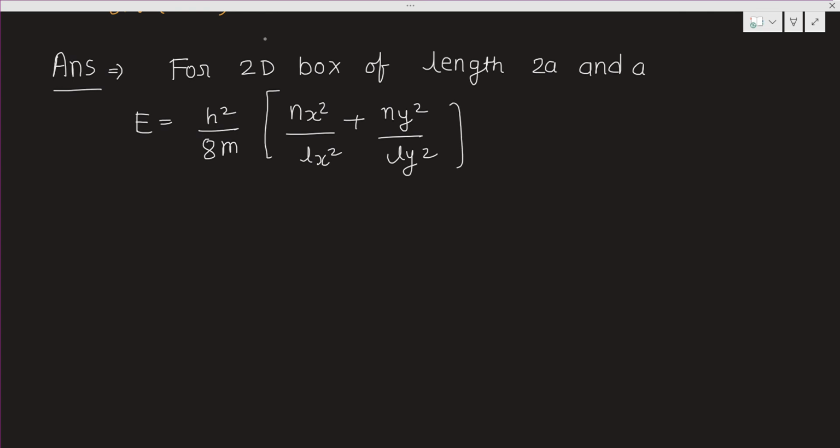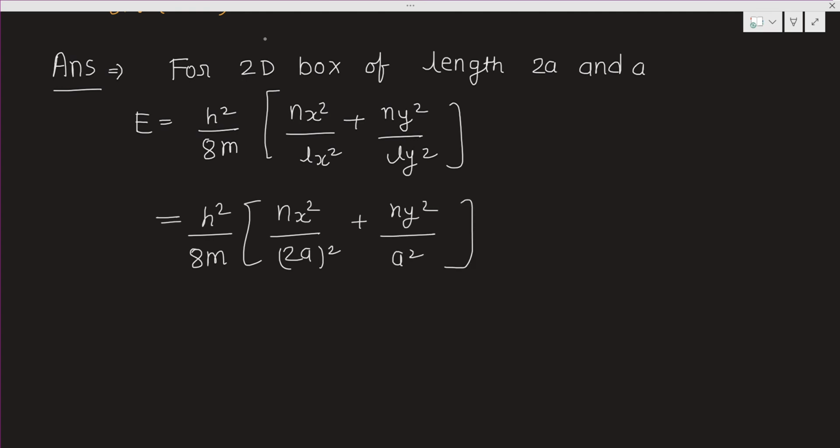This will be the formula. Okay, now what you have to do? The lengths are of two types. So you can write n_x² upon (2a)², and n_y² upon, here it is given a². When you are doing it in this manner, what are you getting? h² upon 8m. You can take common terms.